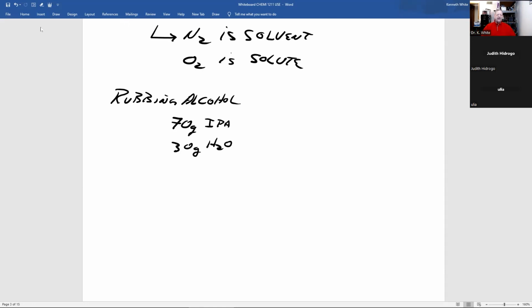And the question is, in rubbing alcohol, what is the solvent? What is the solute? Your turn to have some fun. I'm going to share the fun today. Remember, the solvent is the component present in the greatest amount, and the other components are called the solute.